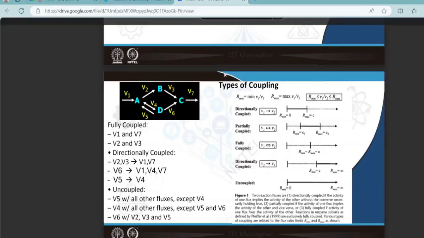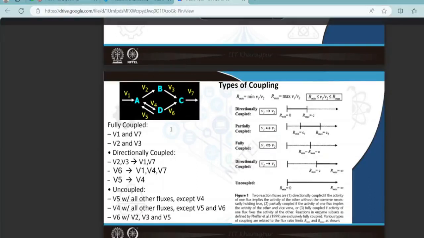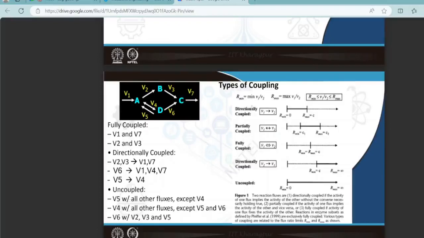Okay. So the first thing that we need to know here is the values of the different fluxes, whatever we are dealing with. Once we know the values of the different fluxes, here it's defined as what is Rmin and Rmax, which basically gives you the minimum value of the ratio of the fluxes and the maximum value of the ratio of the fluxes. Since we know the minimum and the maximum values that this can possibly take, those are set as constants.